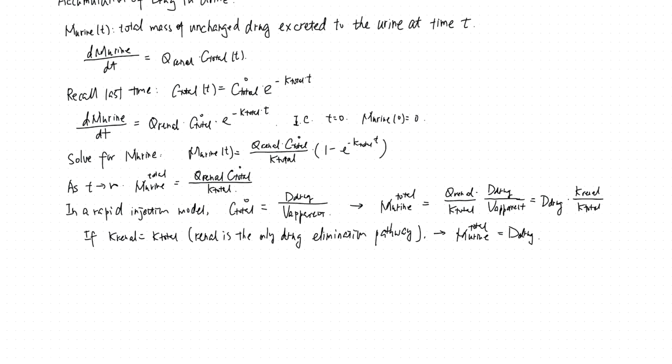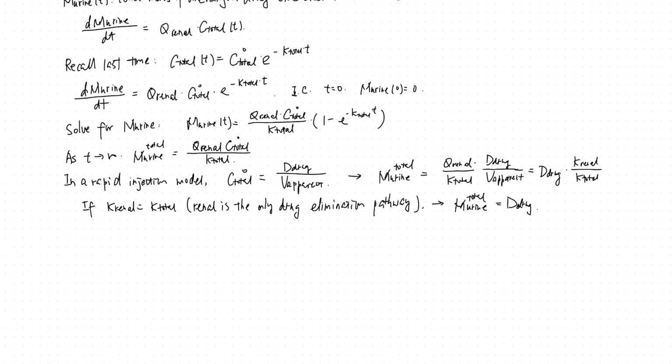So this is one way we can get M urine as a function of time, and also M urine total. You can also directly use the area under the curve. Alternatively, use area under the curve.